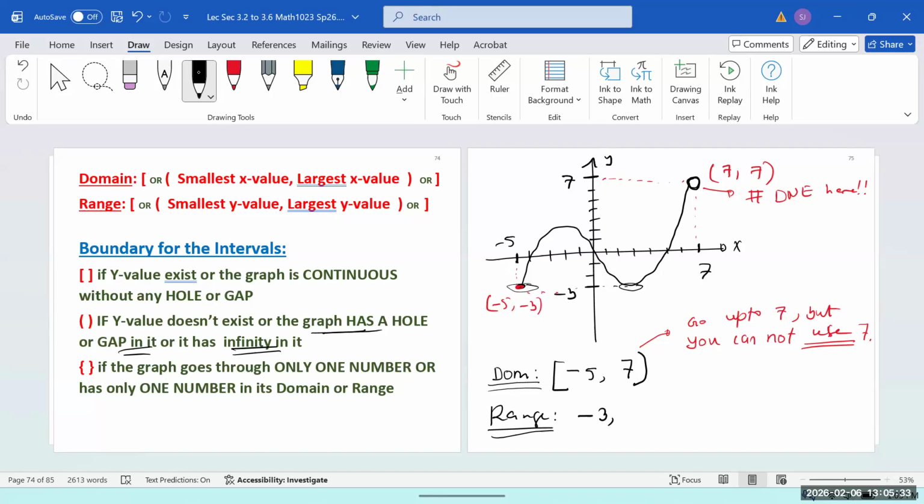In any of the parts, do you see any hole in the graph? No. So if you don't see a hole, what should your boundary be? No hole means a good thing. Bracket. See, continuous without any hole. If you don't have any hole or any gap, it's bracket.